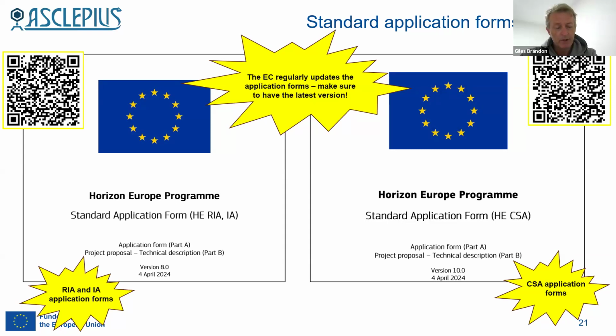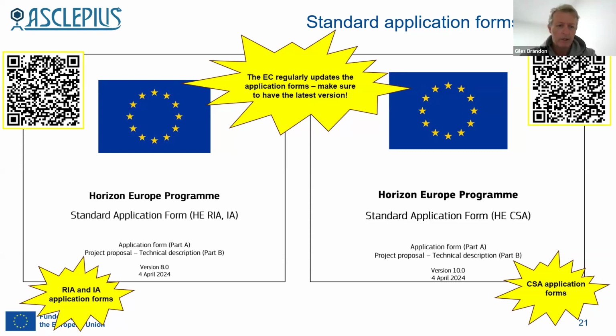And you'll see also on the front of this document, it says application in brackets part A, project proposal dash technical description part B. Now, if you are applying for an RIA or IA, so for example, there's that very interesting call about phages that's coming up later this year that I know Eliaber is interested in. I believe it's an RIA.